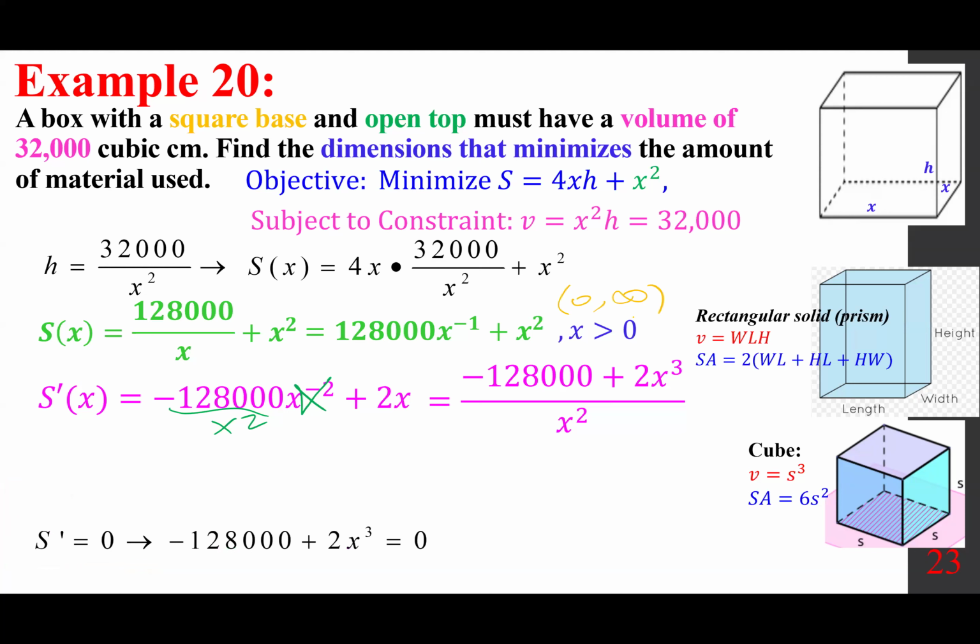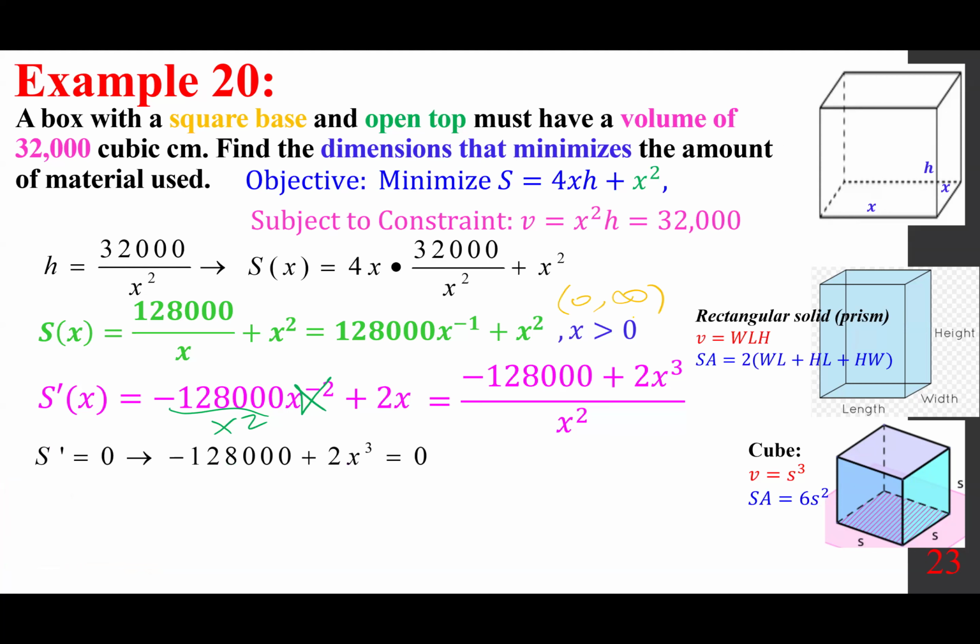So you set the top equal to 0, which gives you 2x cubed equals 128k, x cubed is 64k, and the critical point is 40.